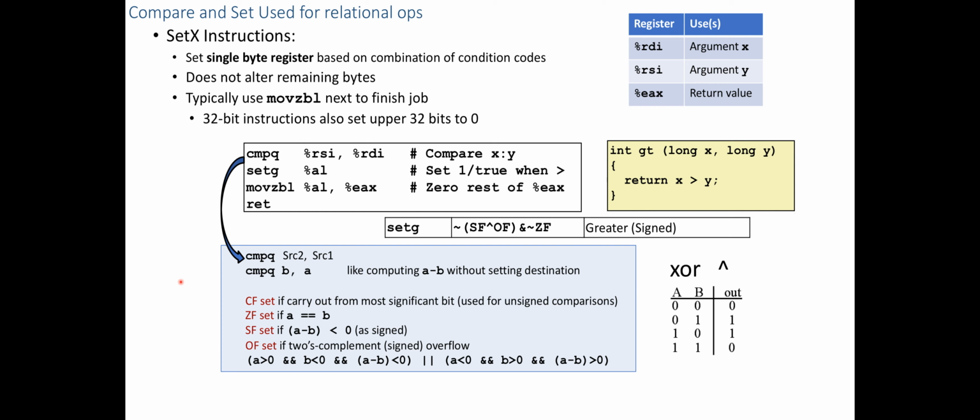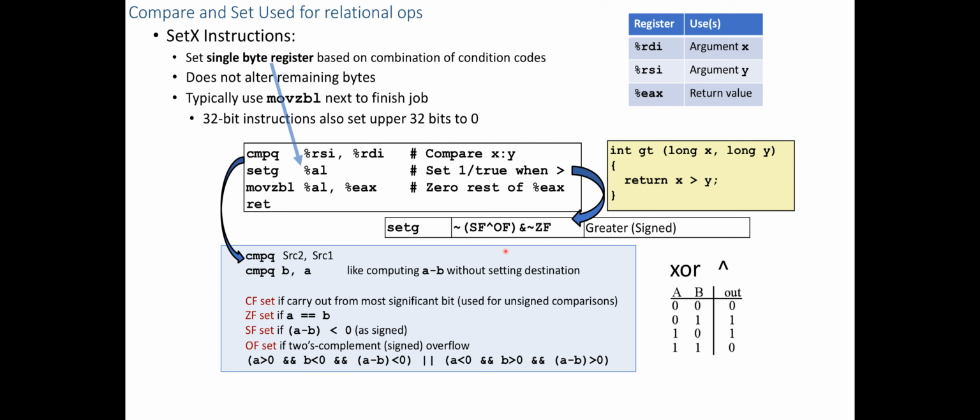And then the next set instruction is setting this single byte register, AL, to a 1 when X is greater than Y. And in order to do that, it's using this combination of the condition codes, those different flags.